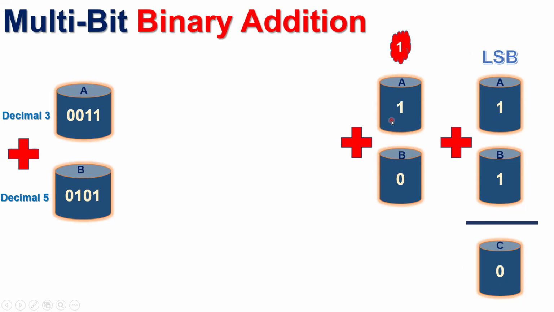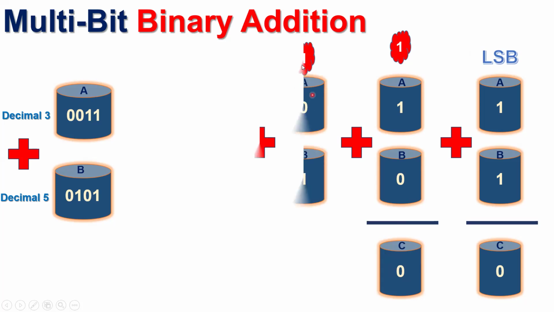So again, 1 plus 1 in binary, sum is 0. That's what I keep here. And it generates a carry that becomes another bit to be added to the next addition. So next bit in number A is 0. That comes here. Next bit in number B is 1. That comes here.